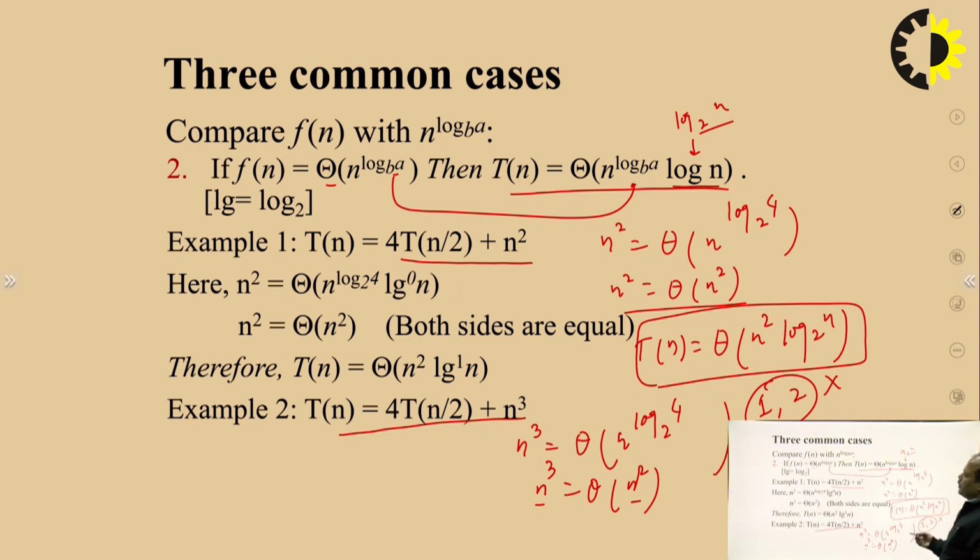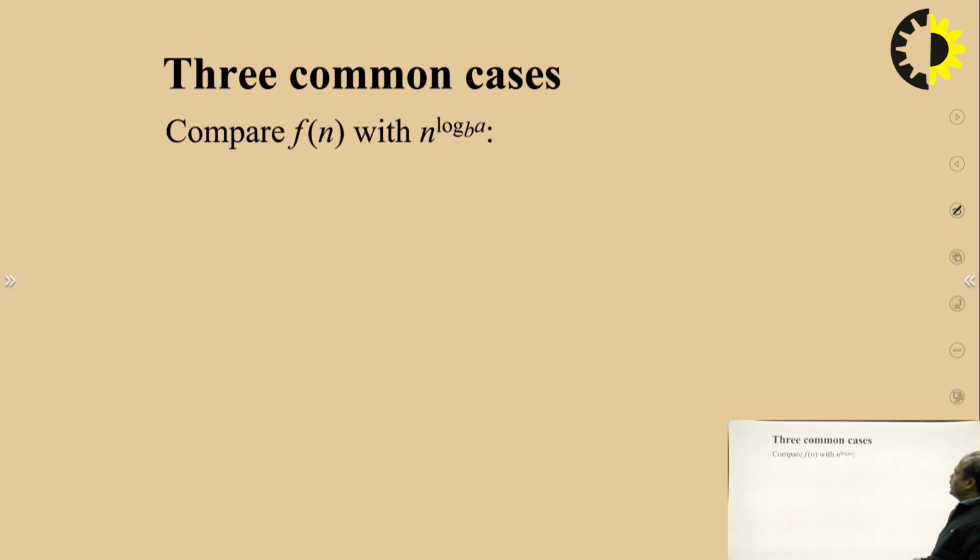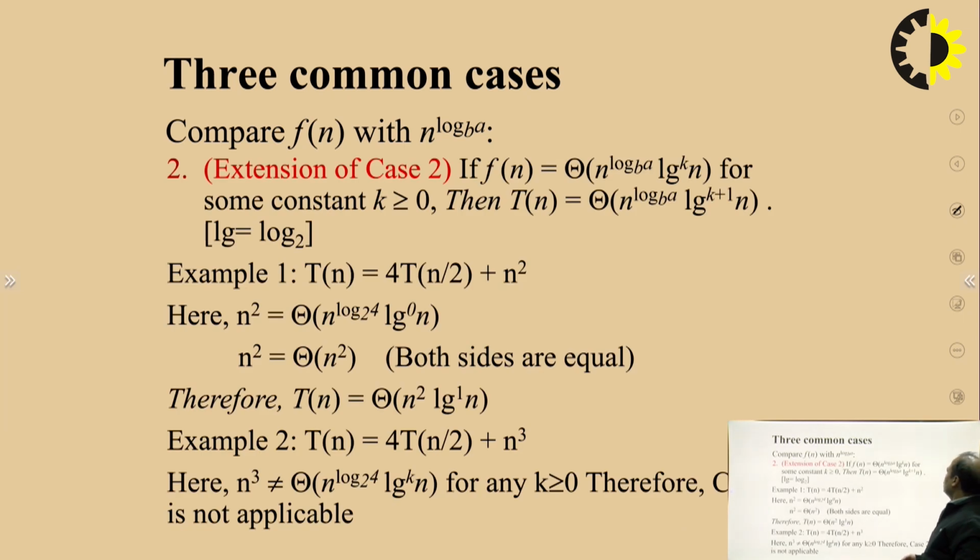So there is an extension of master method case 2. Let's have that extension. Generally, it is not covered under the master method. This is just to solve the recurrences. If f(n) is the same thing, n to the power log a base b, and we are just adding log to the k of n, where this k is greater than or equal to 0.